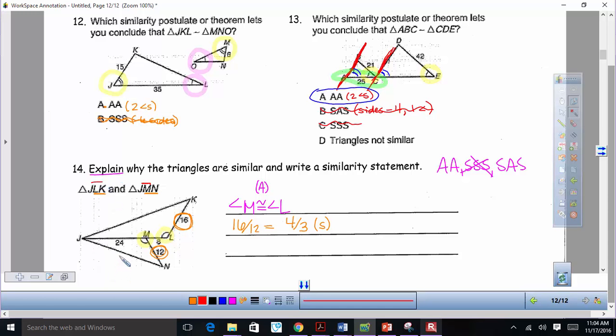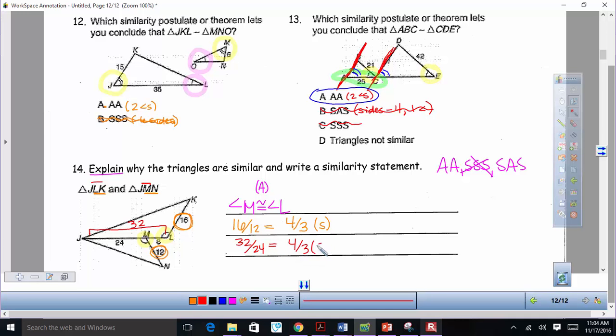JL. Okay? JM is 24. Okay? But what is JL? Because it's actually this whole length. Very good. We do 24 plus 8, so the whole thing would be 32. It didn't ask us for ML, which is 8. It asked us for JL. So remember, we compared 16 to 12, so that means we have to go 32 to 24. So if I put 32 over 24, what would that reduce to?